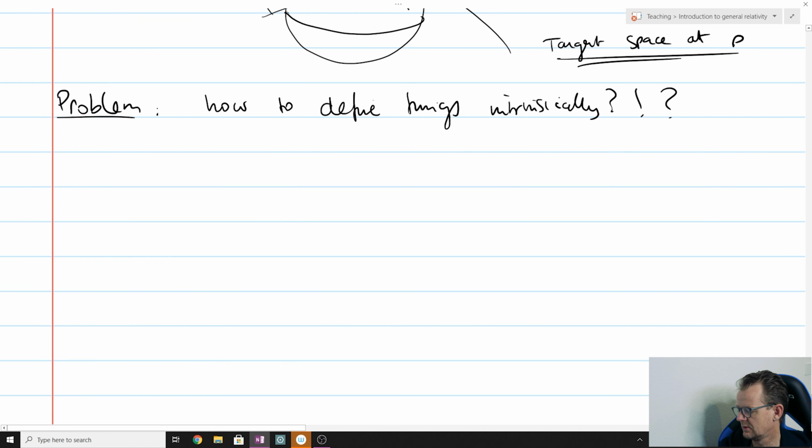Well, of course the answer is yes. I wouldn't ask the question if it wasn't possible. And it's kind of an interesting roundabout way of doing things. What we do is we first identify this tangent space structure with some other vector space that you can define intrinsically, and then we define the tangent space to be that other space.